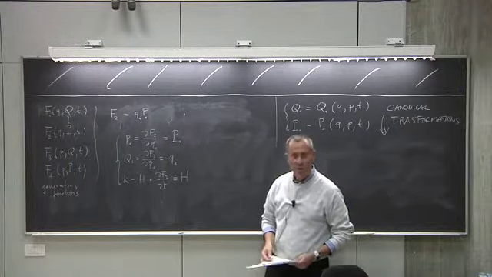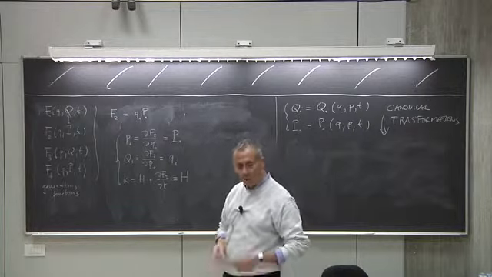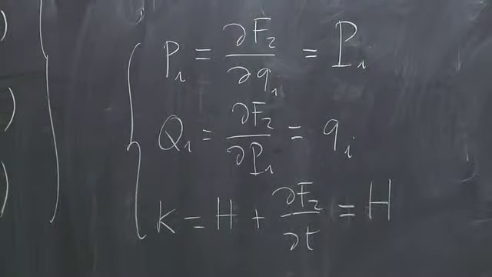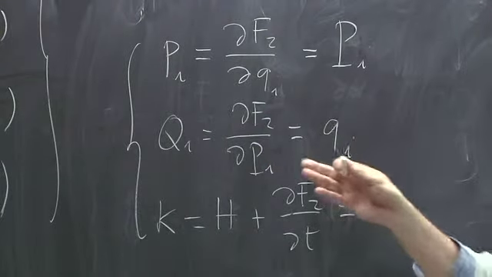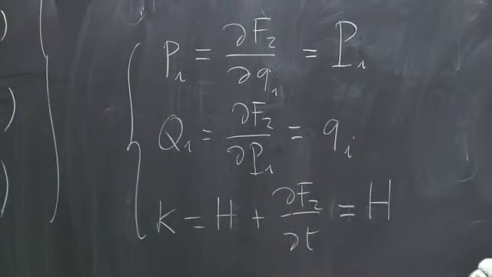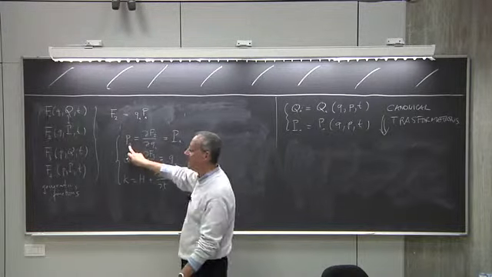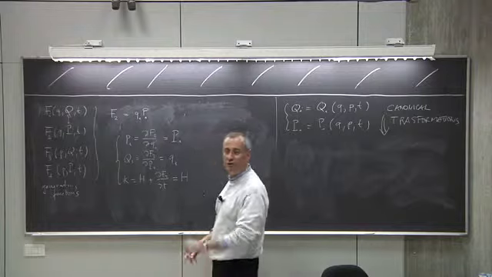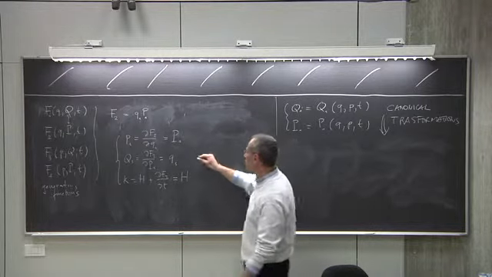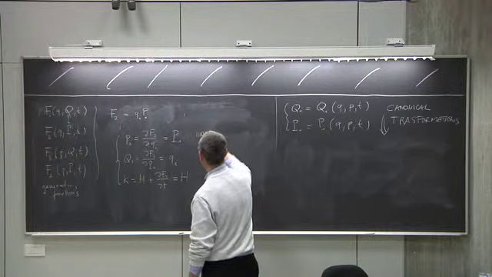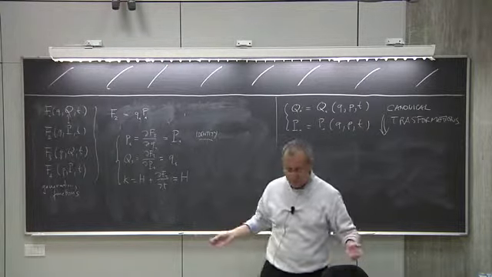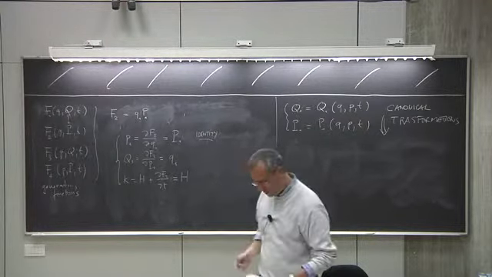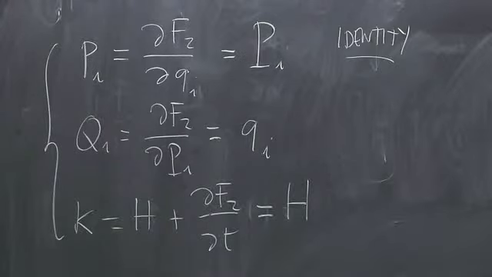Well, it's canonical, okay, very good. But little p goes into big P. It's an identity, right? So it's the simplest transformation. I just changed the name from lowercase to uppercase. Okay, no big deal.